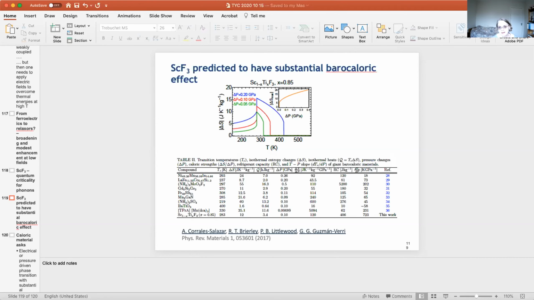But my question is that both sets of theories tend to invoke an infinite periodic lattice. How important to the properties that you're actually comparing with, as measured, are the existence of defects, surfaces, the small size of the particles?